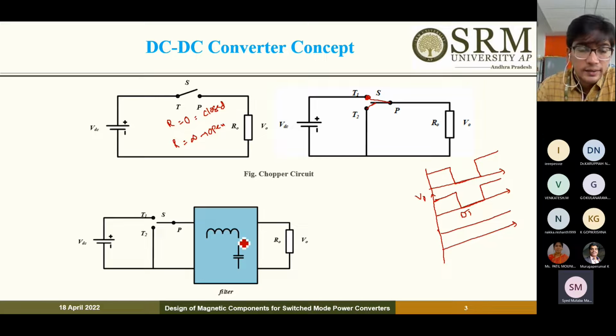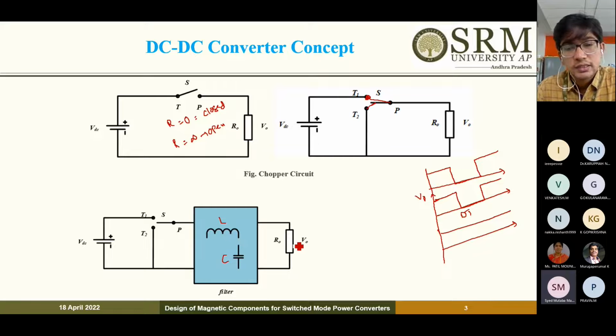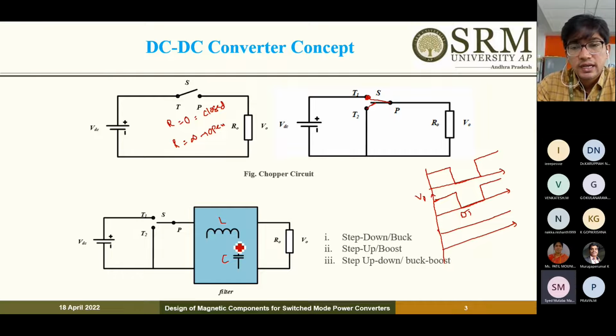Here the placement of the LC elements depends on the converter. It is placed in various locations. Depending on the placement of these LC components, the conventional converters are of 3 types. Everyone knows them: the buck converter, also called the step down converter, the boost converter, the step up converter, and the buck boost converter.